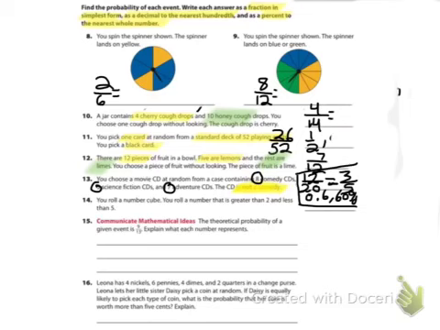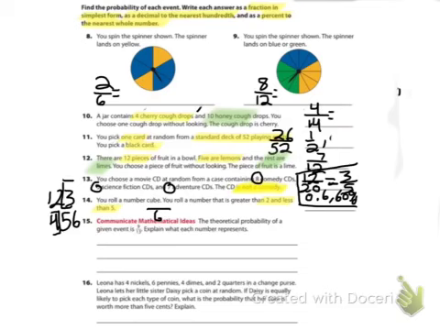14, you roll a number cube. You roll a number that is greater than 2 and less than 5. Okay, so you roll a number cube, there are 6 outcomes. Well, let's write all these outcomes out. So we have 1, 2, 3, 4, 5, and 6. It needs to be greater than 2 and less than 5.